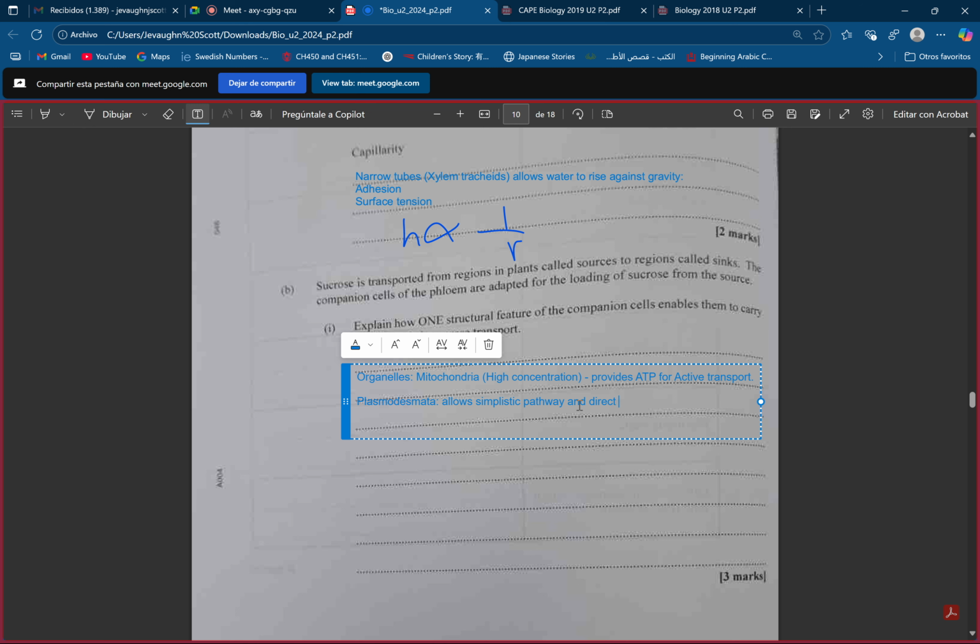Okay, direct transfer. I'm going to use a different word, I want to change up the usage like it's an English exam. Alright, so I have that there. So we're looking at the simplistic pathway between the companion cells and the sieve tubes, and also the facilitation of the direct transfer of sucrose and other types of molecules there.